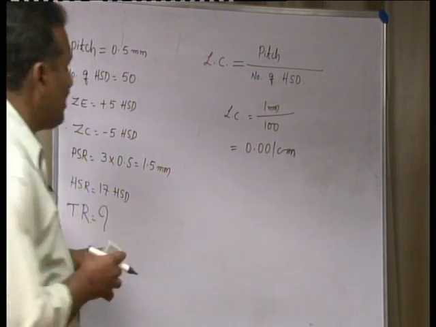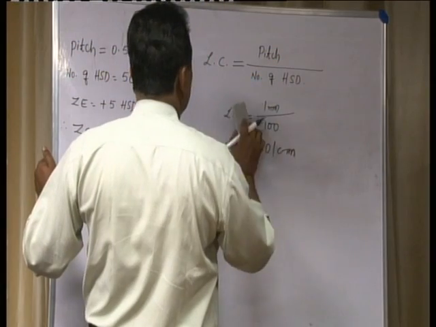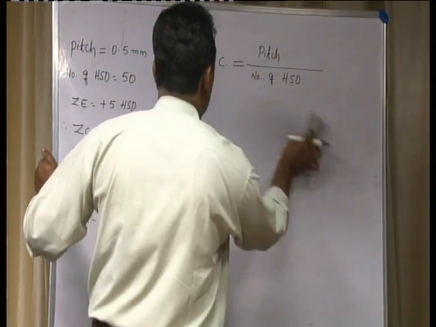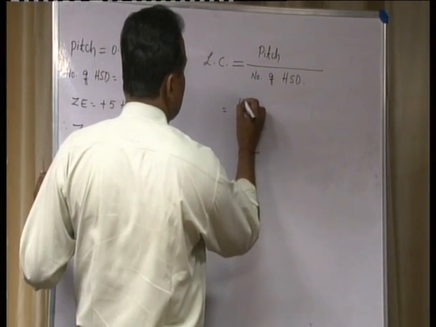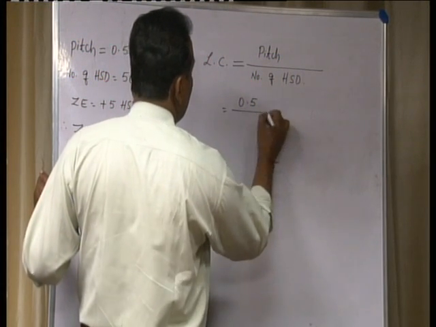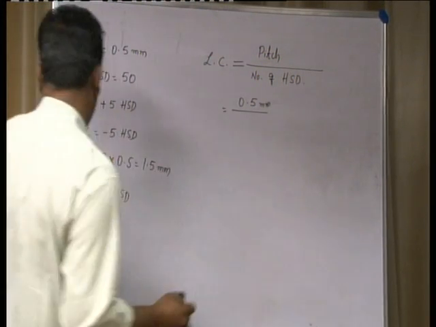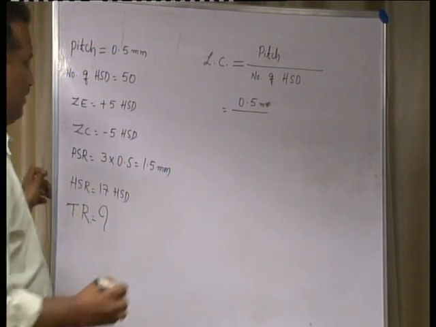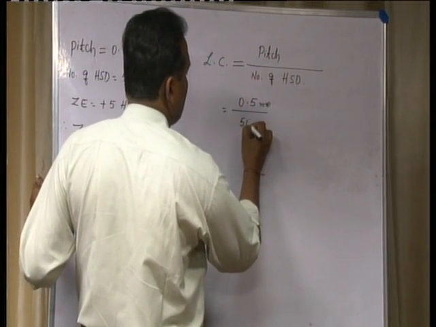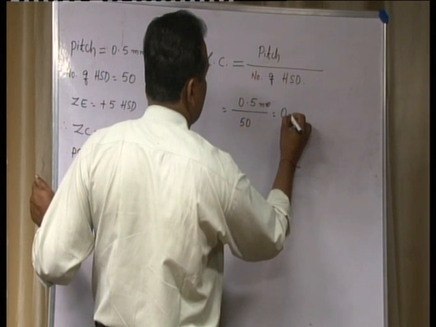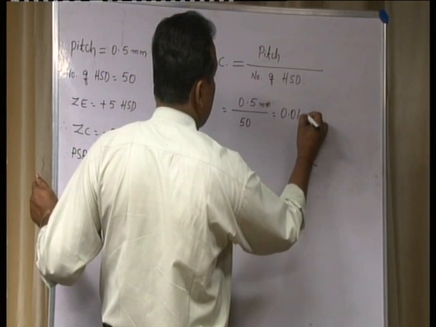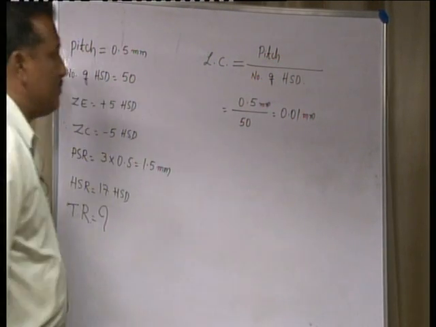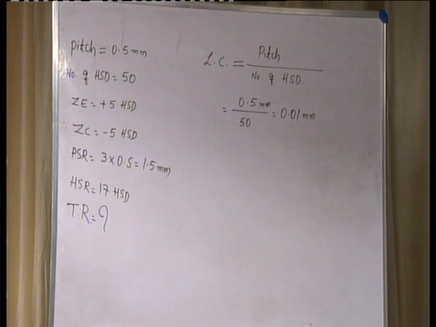So, again recall what is the least count in case of a screw gauge. Least count is equal to pitch divided by number of HSD. Again pitch is 0.5 mm, the number of head scale divisions is 50. 0.01 mm is the least count of the given screw gauge.